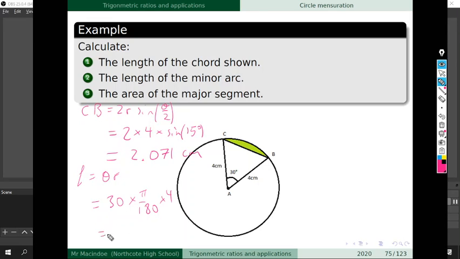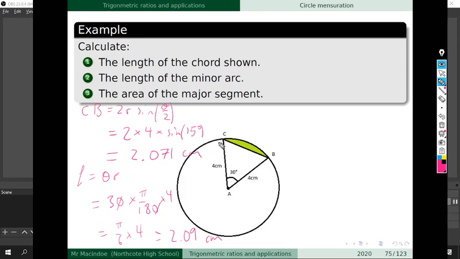So I do 30 times pi on 180 times 4. So it's pi on 6 times 4. Let's see what my calculator says. It's 2 pi on 3, but if we wanted a measurement with decimals, we get 2.09 centimeters.